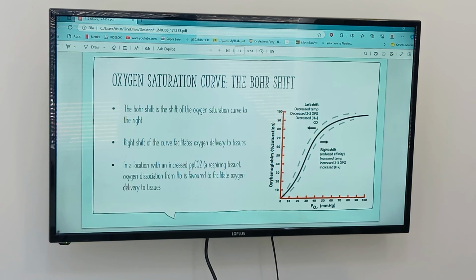What does that mean? When the carbon dioxide rises in the tissue, the affinity decreases, which facilitates oxygen delivery to this tissue, and vice versa.